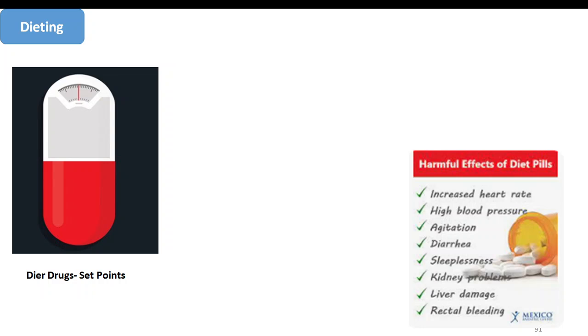Though the body is in need of food, due to the influence of the drugs on body behavior, it suppresses that feeling of hunger. In other words, it hides from your hypothalamus that the body is in need of food, and doesn't make you realize that you're hungry, though you're actually hungry.